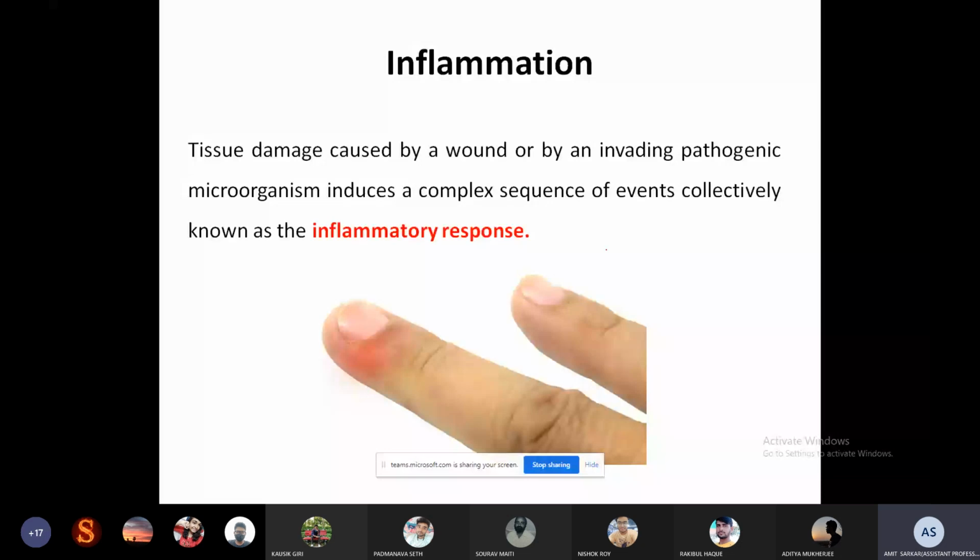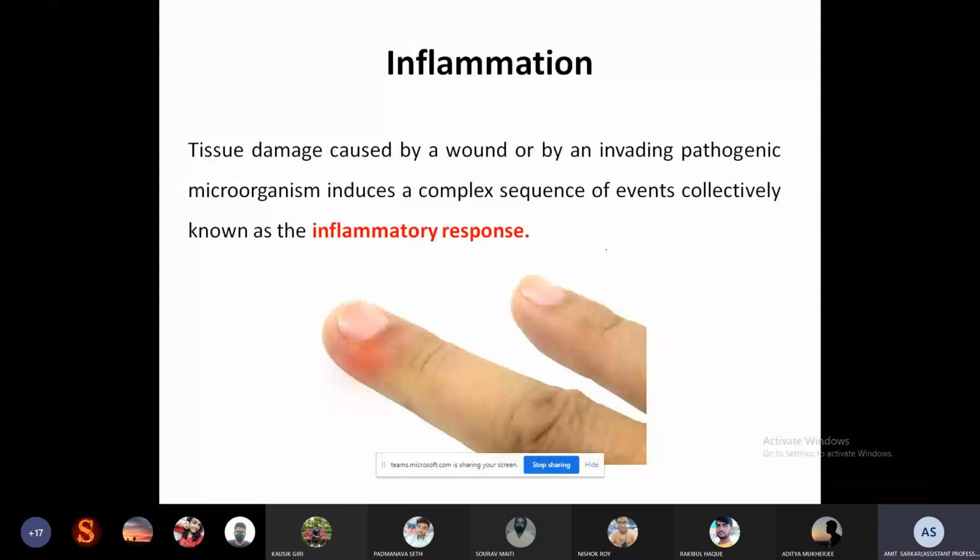Tissue damage caused by a wound or by an invading pathogenic microorganism induces a complex sequence of events collectively known as the inflammatory response. So you can imagine what might have happened to this person's finger.